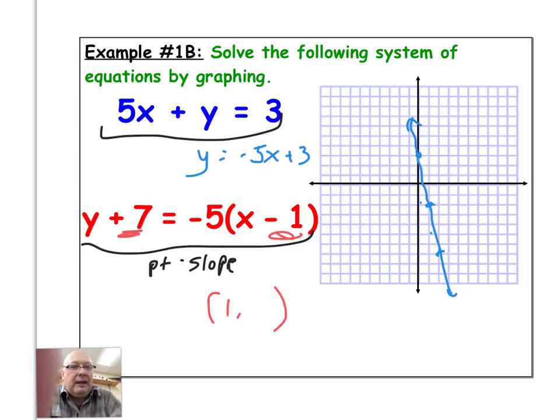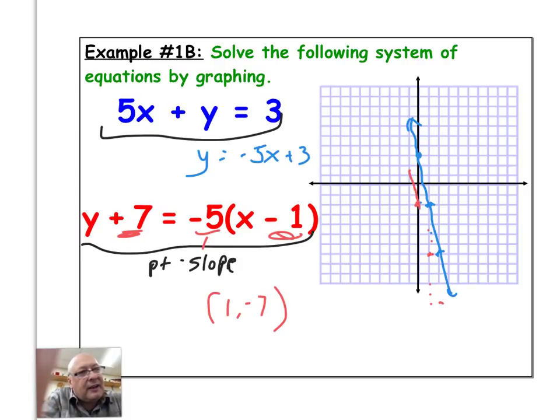So the point is 1, negative 7, and the slope is down 5 over 1. So 1, negative 1, 2, 3, 4, 5, 6, 7, 1, negative 7, and then down 5, 1, 2, 3, 4, 5. It's off the screen over 1. Let's go back. Up 1, 2, 3, 4, 5 over 1.